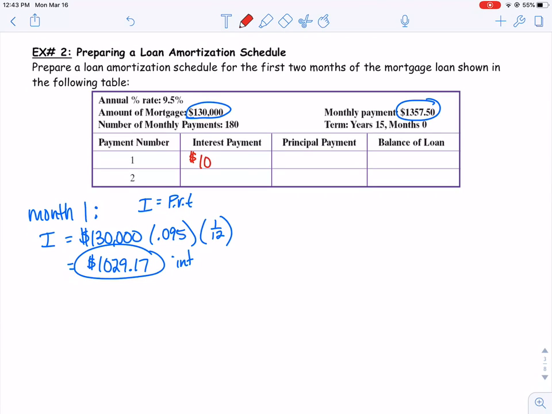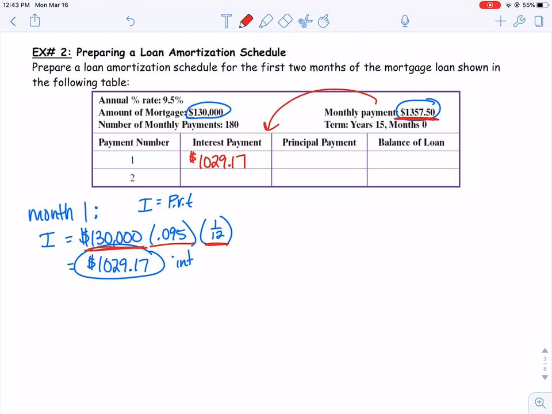So if I'm going to use red here, if my interest amount was $1,029.17, remember that's for 1 month at 9.5% on the full amount, but my payment was $1,357.50. A lot of my payment is going toward interest, right? Over $1,000 is.